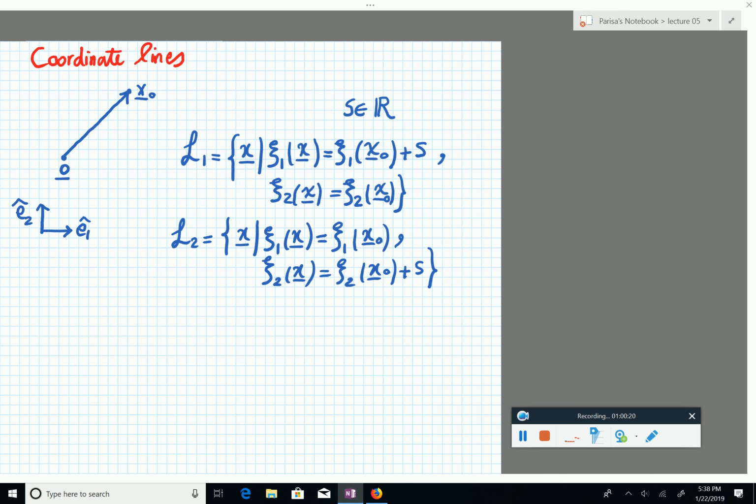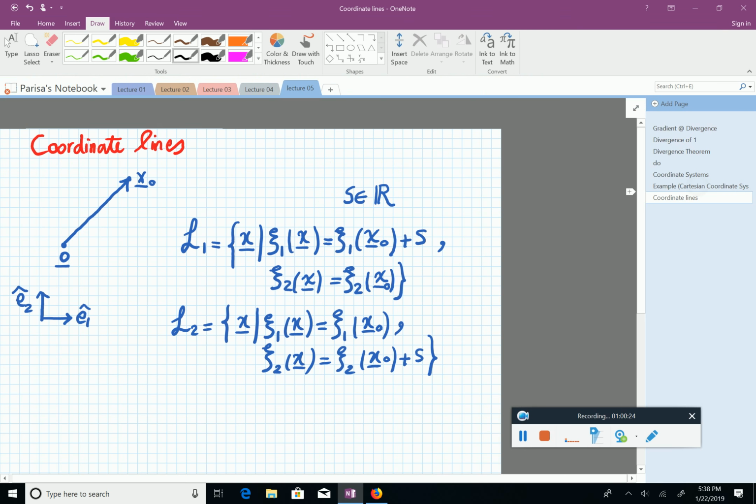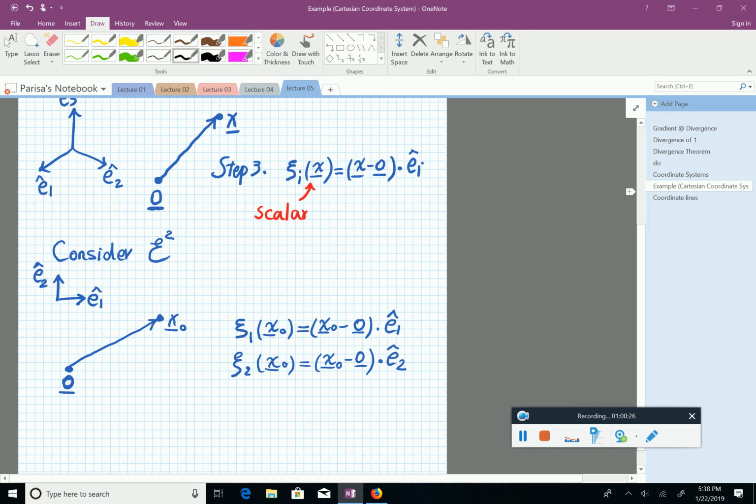Look back at the definition. I know you all know the Cartesian coordinate system, but I want you to look at things with fresh eyes. So the definition is that if you have a point, you connect it to the arbitrarily chosen O, and then you calculate the dot product with the unit vectors in the basis that you chose. Basically, that's what it says.